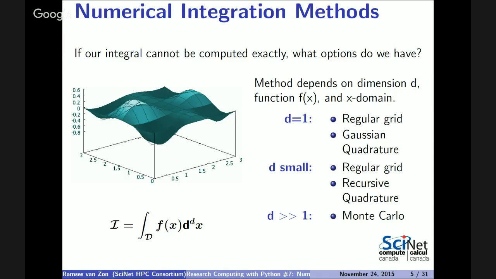So for d equals 1, so that's the dimension, or the number of variables that your function depends on, you can do simple things like make a regular grid at which you evaluate your function and use those function values in some way to approximate the integral. You can do a non-regular grid to optimize the error. So we'll see how that goes.